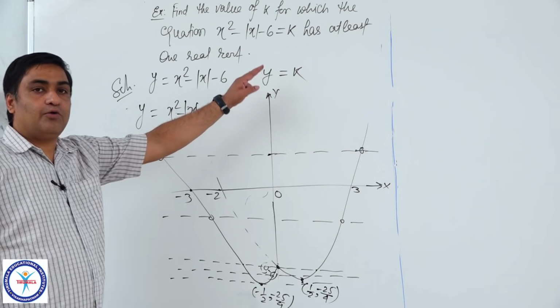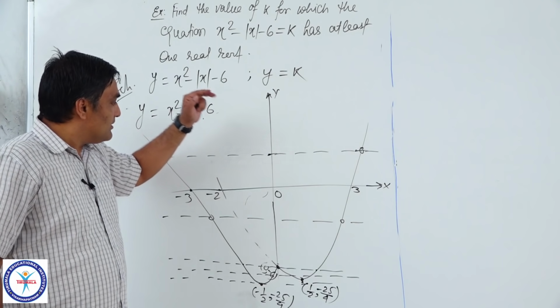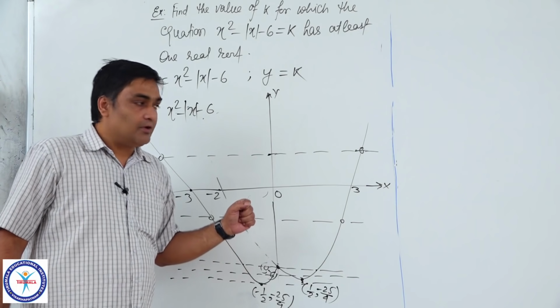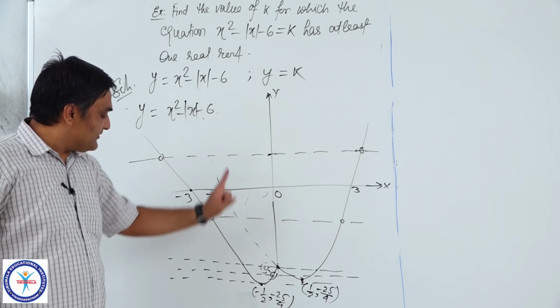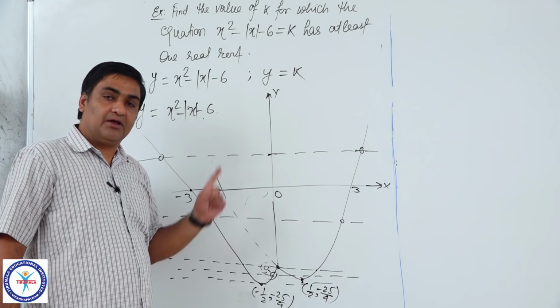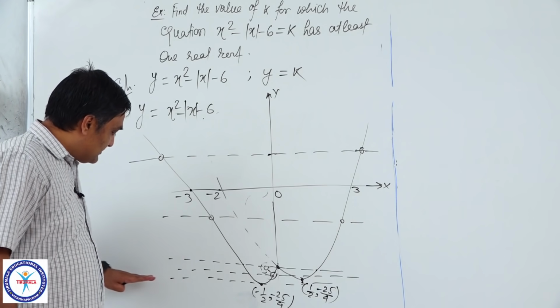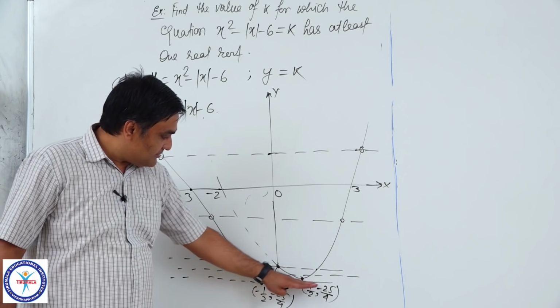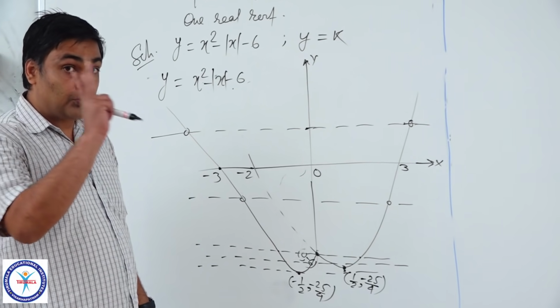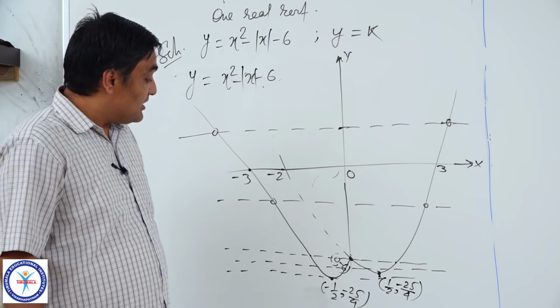Means y equal to k are lines parallel to the x-axis. If k is, suppose, minus 25 by 4 here, so this line will pass through these two vertices, so there will be two common points.